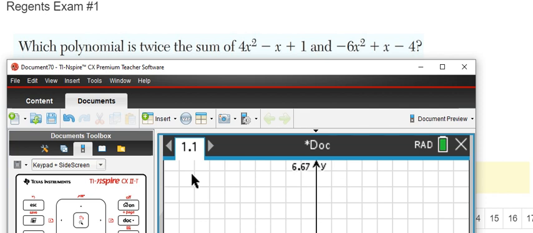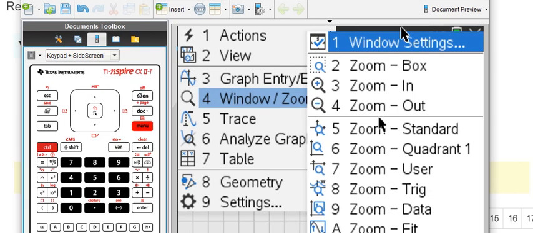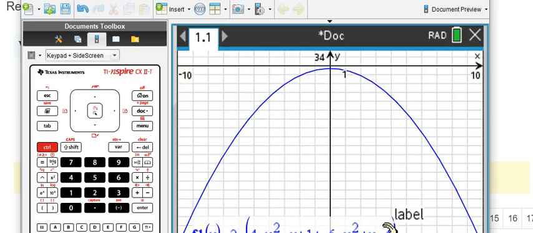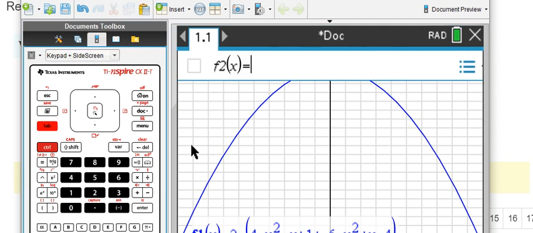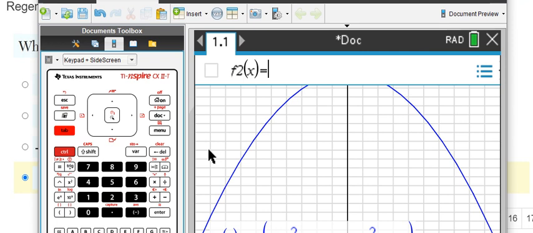Okay? And then I'm going to do a menu, window zoom, and of course, I want to zoom fit so I can see everything. So that's what my function looks like. Now we press tab, and we know the right answer is negative 4x squared minus 6.